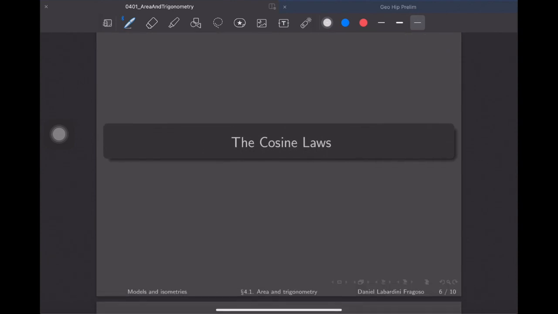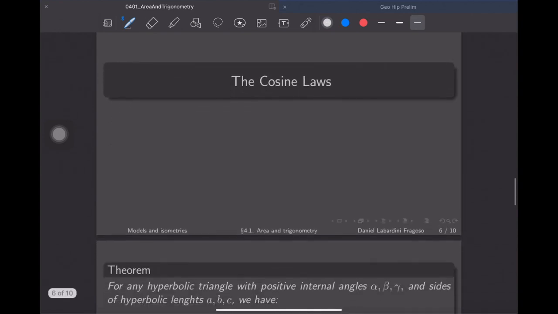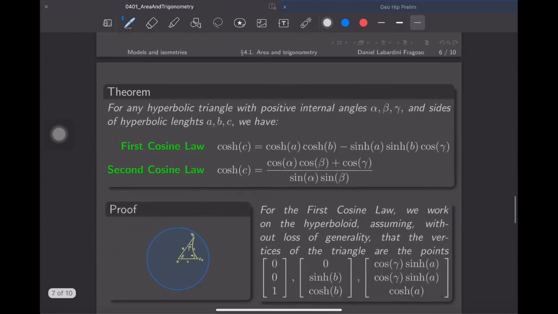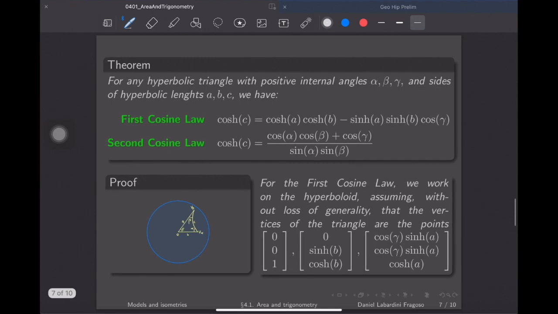And let me now go into the cosine laws, which sometimes one may think, oh come on, what's the point of proving those laws, right? I mean, what do they really tell me? If you see the cosine laws in Euclidean geometry, you can say, okay, fine, but what do they really tell me?